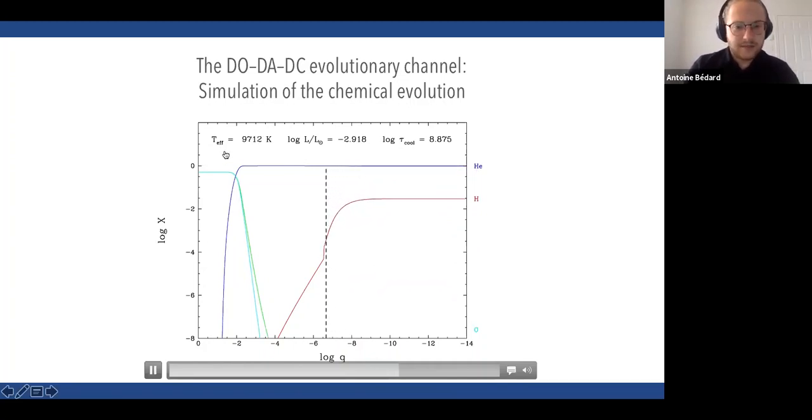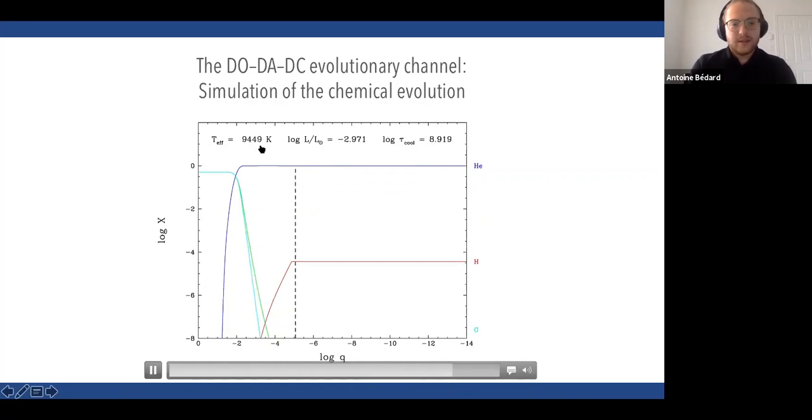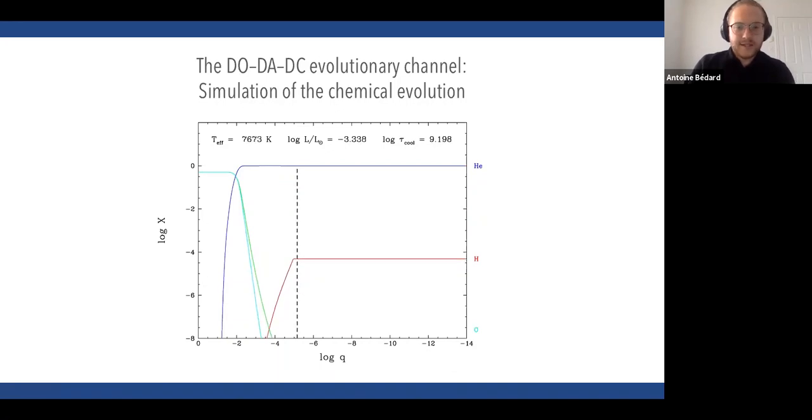And second, the effective temperature actually increases during the mixing process. This is caused by the change in opacity in the envelope. It's pretty cool, because we are used to thinking that the temperature can only decrease during the evolution of a white dwarf, but that's not quite the case for a white dwarf that experiences convective mixing.